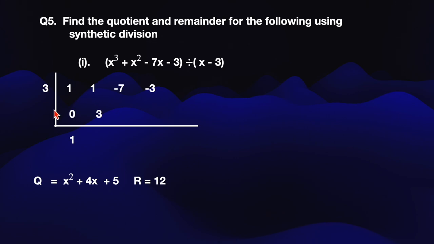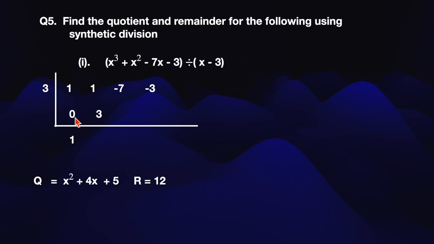Write down 3 on the side. Now first step, underneath the first term you are going to write 0 and add it. I repeat once more. First step is you should put 0 underneath the first term and then add these numbers.